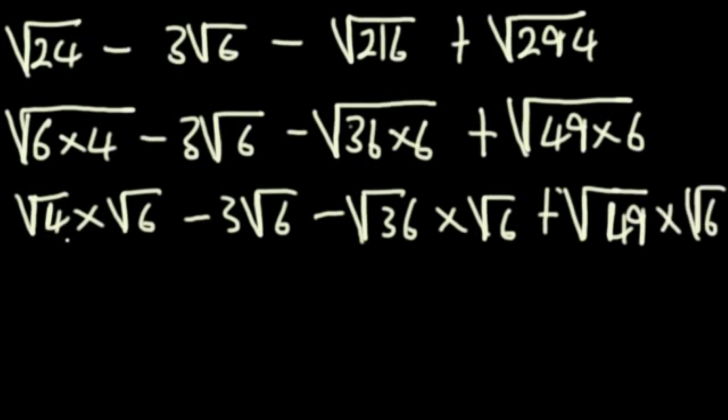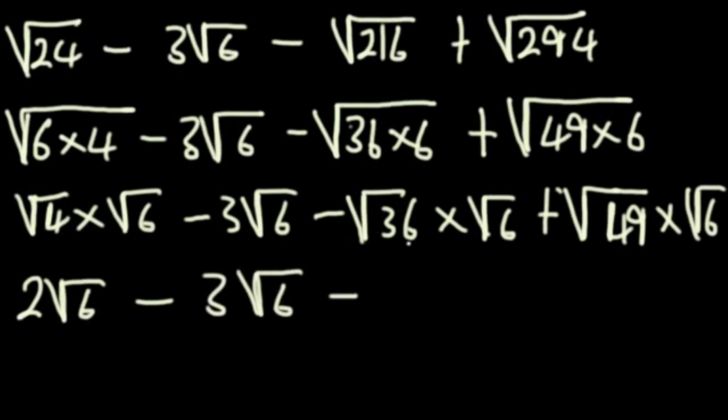So square root of 4 is 2, 2 times root 6 is 2 root 6, then minus 3 root 6, minus square root of 36 is 6, 6 times root 6 is 6 root 6, plus square root of 49 is 7, 7 times root 6 is 7 root 6.